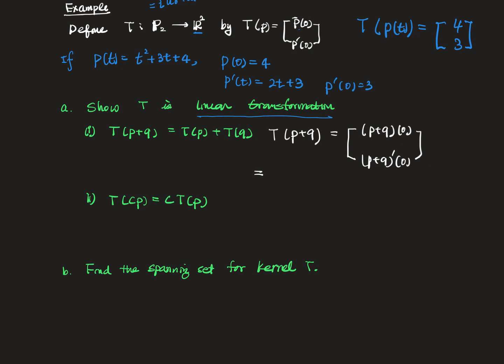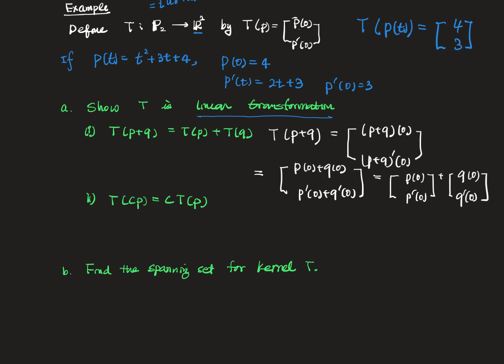So what does this mean? P of 0 plus Q of 0, and the derivative part separates too. This is matrix addition, right? So what is this one? The transformation of P. What is this one? The transformation of Q. That's how to prove it.